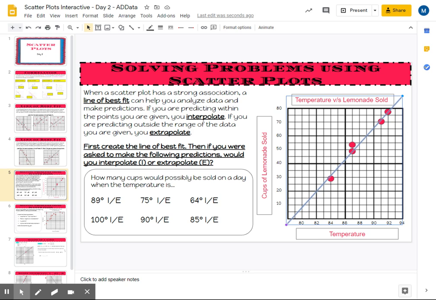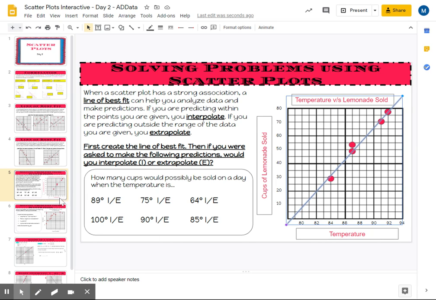Okay, so how many cups would possibly be sold on a day when the temperature is 89 degrees? We're looking on our chart here for 89 degrees, and it is actually shown on our chart. When I go up here, wow, it hit 89 perfectly. That like never happens. It hit an exact number of cups of lemonade sold. So that is 60.